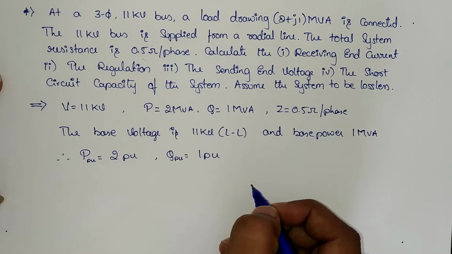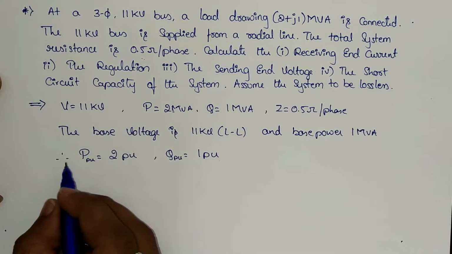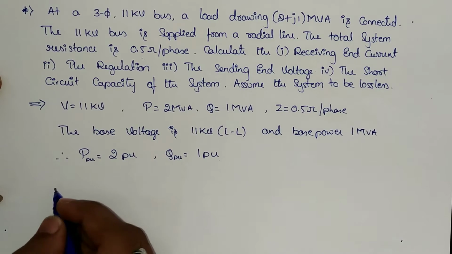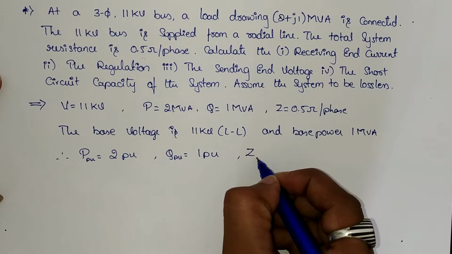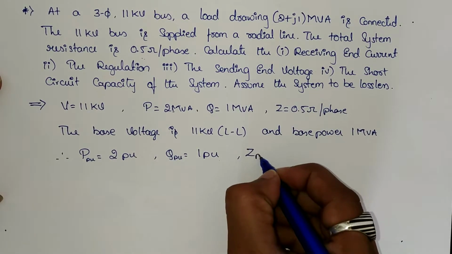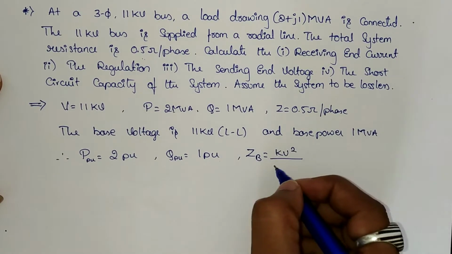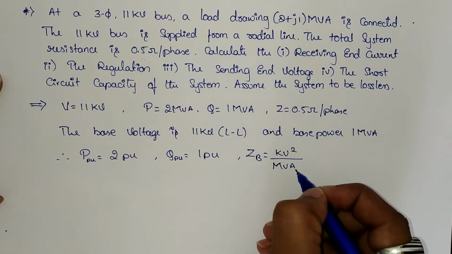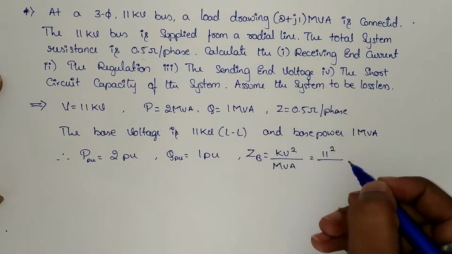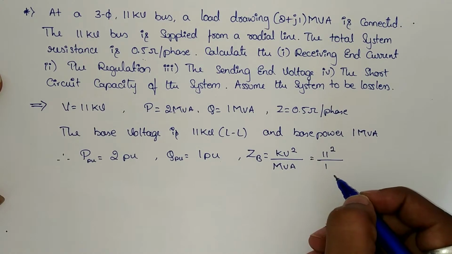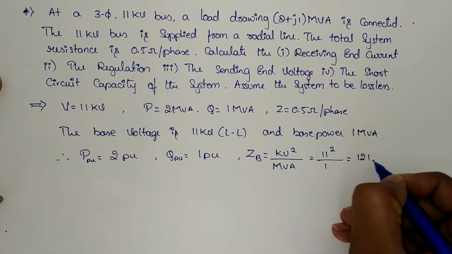After getting the per unit values of Q and P, to calculate the Z per unit, we need the base value. Z base, ZB, would be kV square divided by MVA, which means 11 square divided by 1, which leads to 121 ohm.